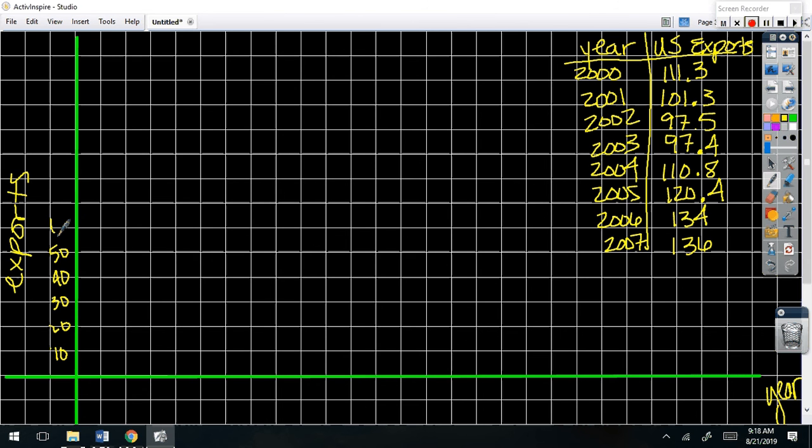These are more aggravating than they are hard, I think. They're just so tedious to create. 80, 90, 100, 10, 20, 30. So that would be 140 up at the very top.